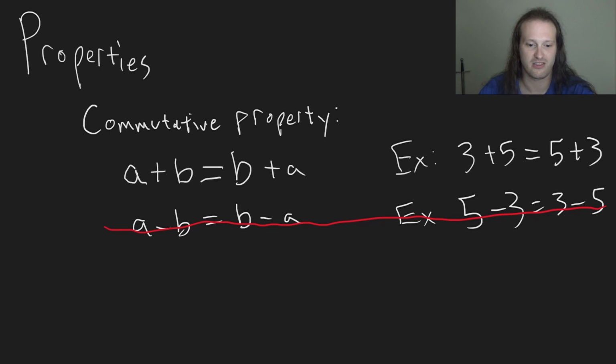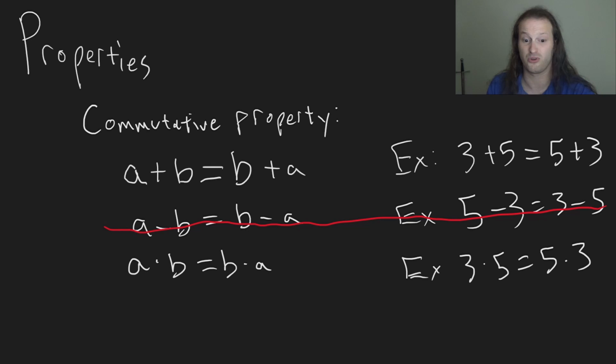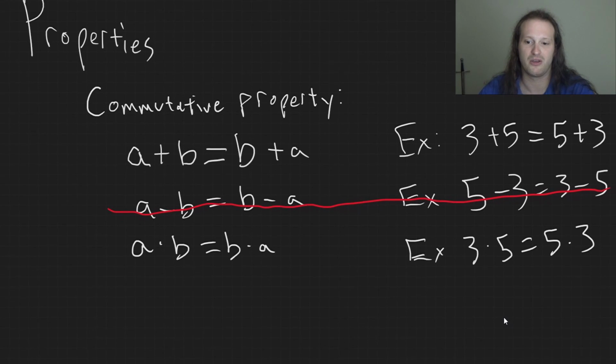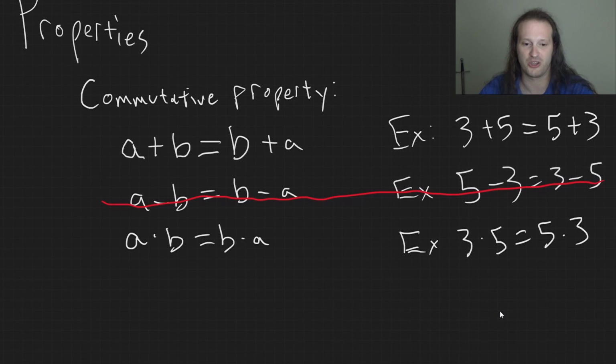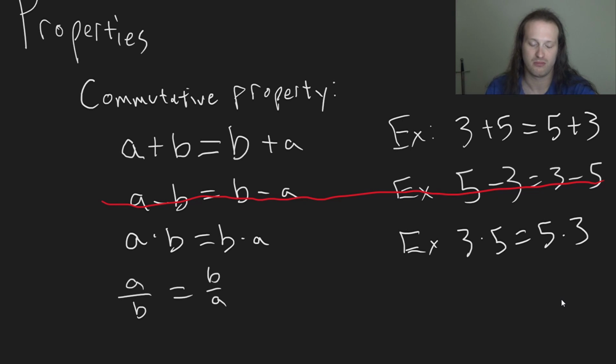But we can say that multiplication is commutative. That's pretty easy to see. A times B equals B times A. 5 times 3, they're both 15. Using a similar argument, you can't say that division is commutative. A divided by B is the same thing as B divided by A?